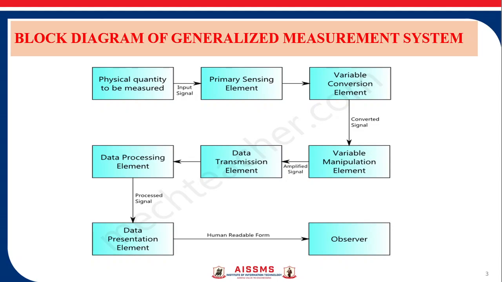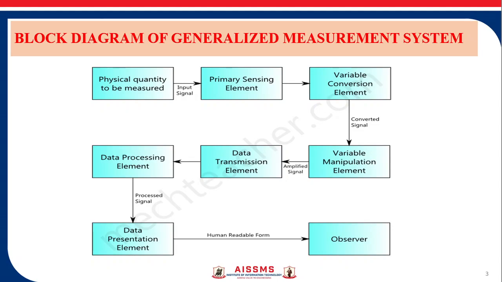Here the voltage amplifier acts as a variable manipulation element since it amplifies the voltage. The element that follows the primary sensing element in measurement system is called signal conditioning element. Here the variable conversion element and variable manipulation element are collectively called data conditioning element or signal conditioning element. So amplification takes place in variable manipulation element.